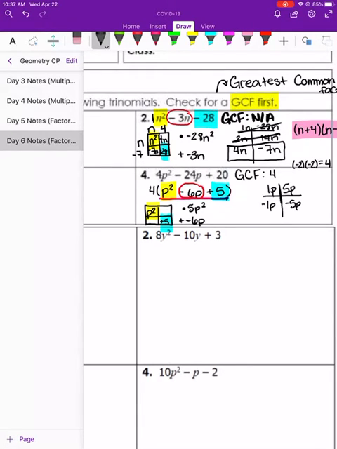Minus 1p minus 5p. Negative 1 times negative 5 is a positive 5p squared, and negative 1 plus negative 5 is negative 6p. So this is going to be your option. You guys are just going to have to try every single one. Again, this will get easier with time. So negative 1p and negative 5p.